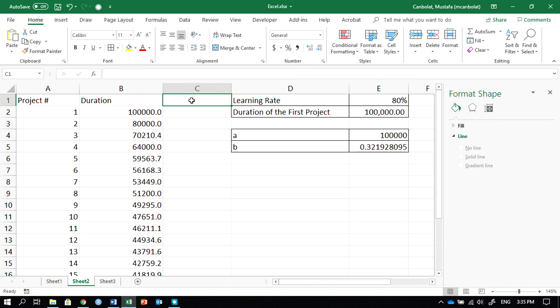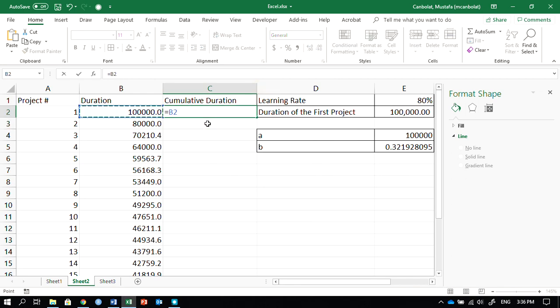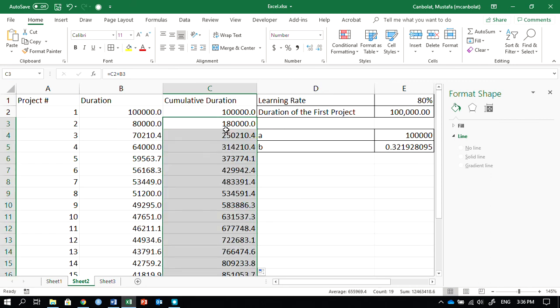I can make this column the cumulative duration, and the cumulative duration is going to be what? First, I'm just going to make this equal to that, and then plus this, right? So that's it. And then double click in here.